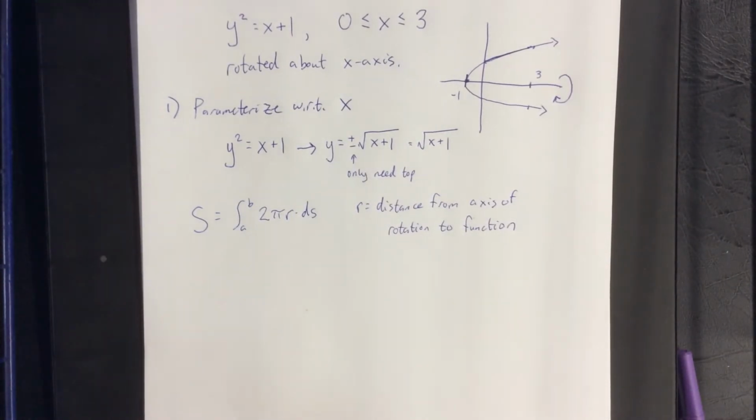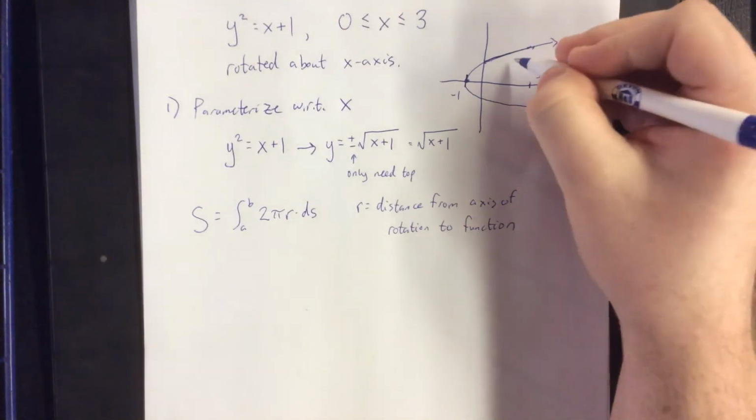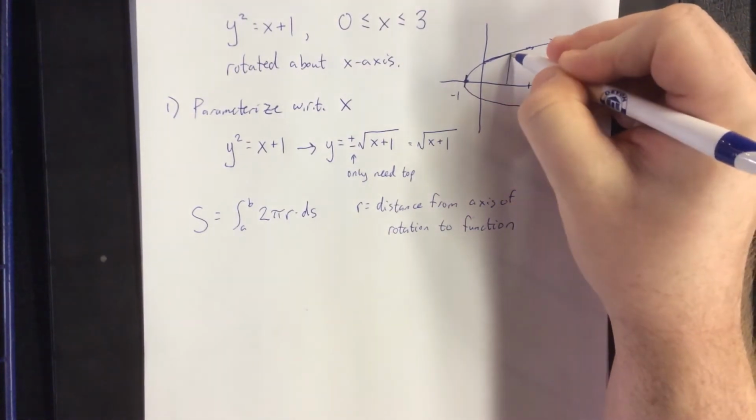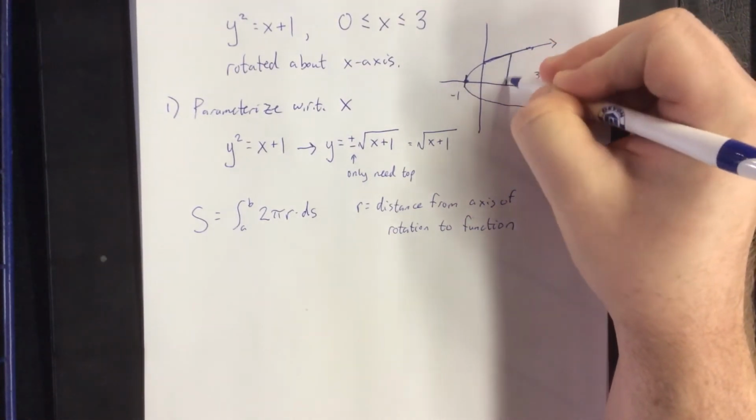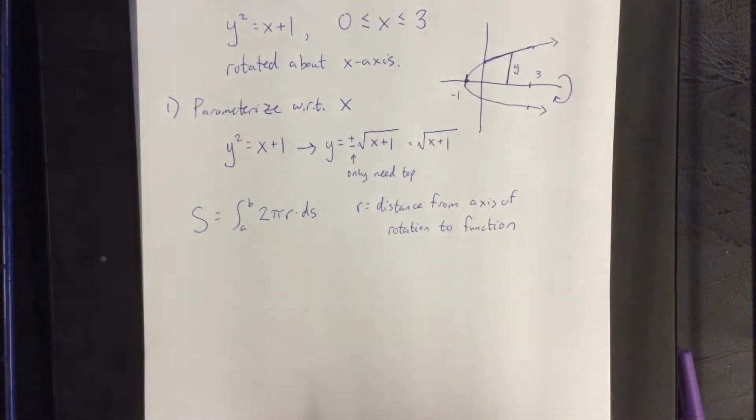Now, the axis of rotation in this case is the x-axis, which means that the distance from the axis of rotation to the actual region is going to be our vertical variable. So in this case, that would be y.